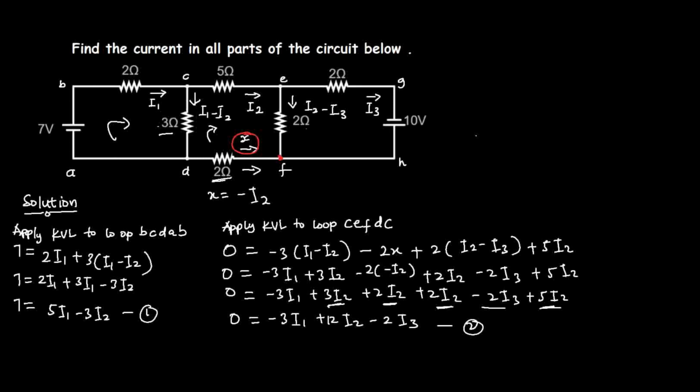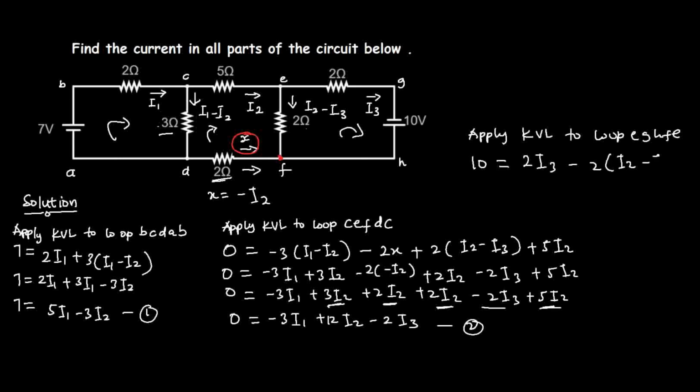So now let's apply KVL to loop EGHFE. Okay, so we know that the total voltage in this loop is what? 10 volts. Okay, so that will be 10 equals what? The voltage drops in the loop. And I'm going to consider the direction of this loop to be in this direction. Okay, so that will be equal to 2I3. Okay, minus 2 multiplying what?